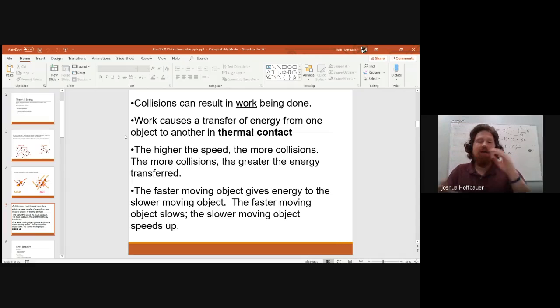When you touch something that is warmer than you and you feel that warmth, you are in a state of thermal contact, and the particles that make up your hand collide with the particles that make up the object you're touching.